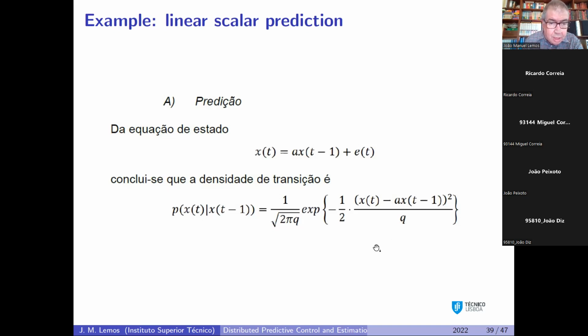You see that x is a x of t minus 1, and given x of t minus 1, this is a constant. Then you have the stochastic variable e, which has zero mean and covariance q. So x is a Gaussian with mean a x of t minus 1 and covariance q, as here.